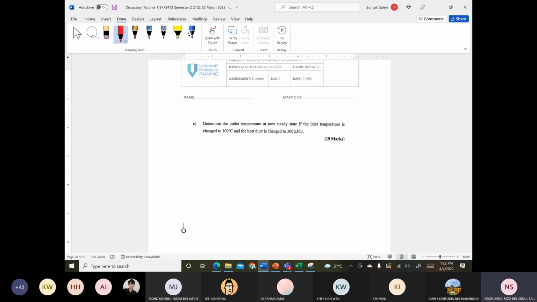So we have the rho V Cp dT prime over dt equal to W in Cp in T in prime minus W Cp T prime plus Q prime.